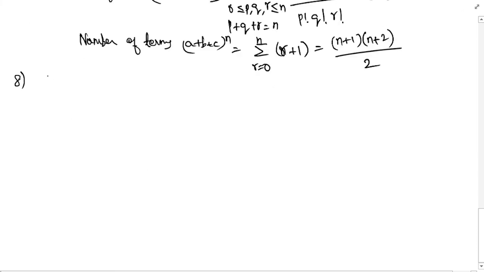Then coming to middle terms. In the expansion of (x + a)^n, if n is even, then the expansion has n + 1 terms, which is an odd number of terms.